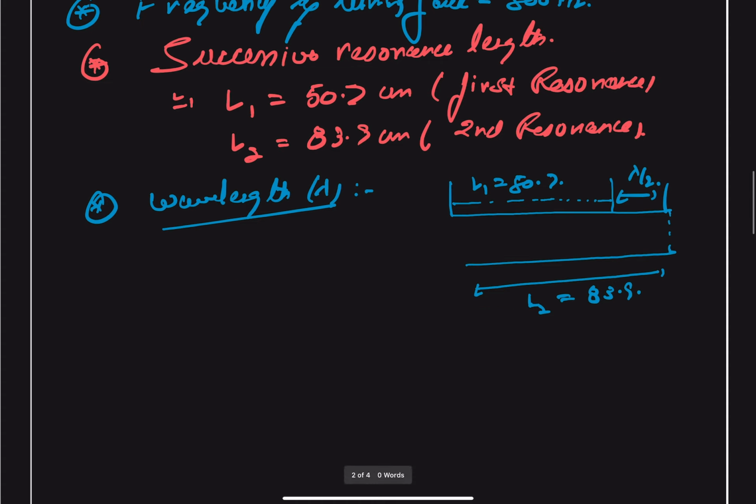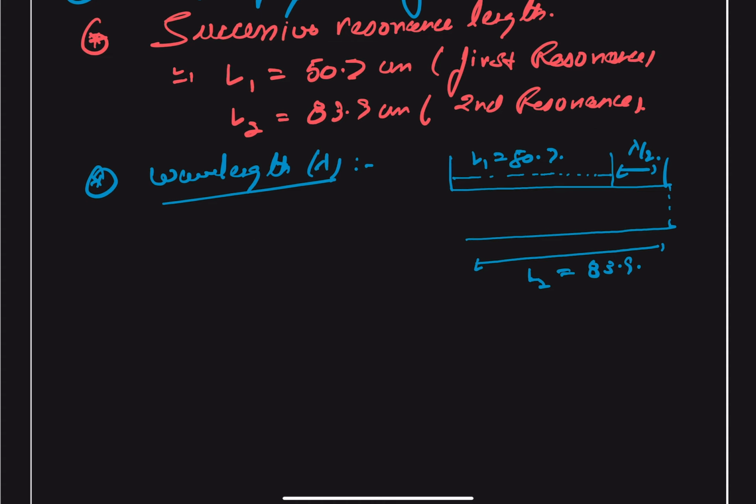We are going to use the condition that the two resonance lengths correspond to consecutive odd harmonics.